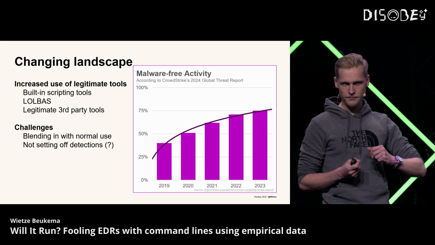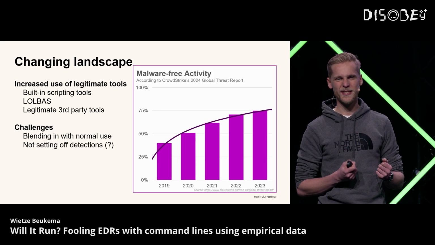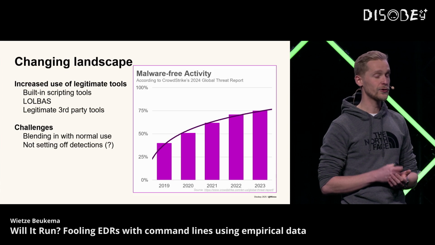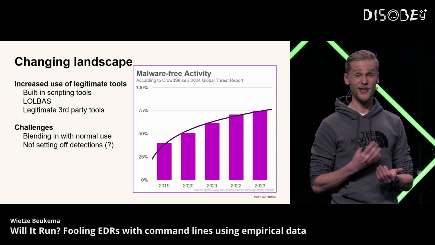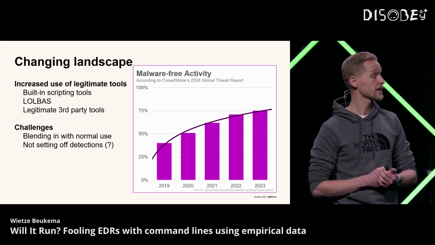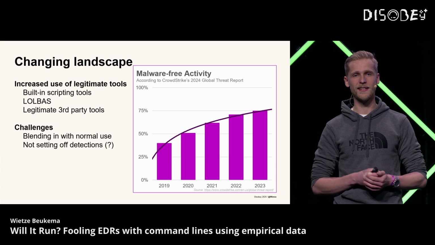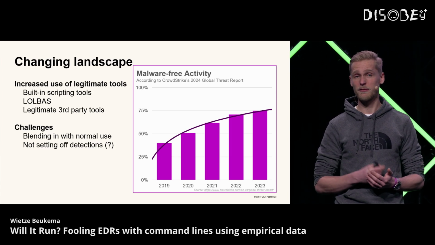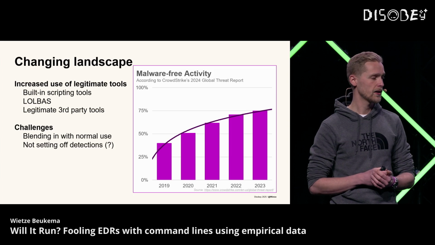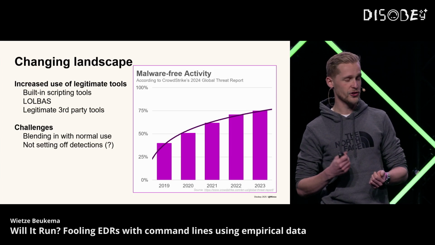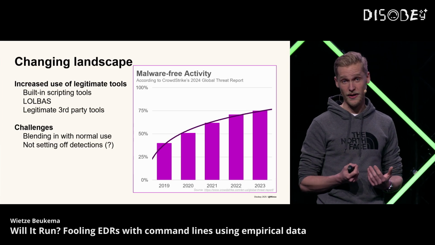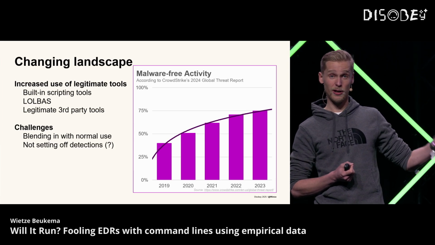What they mean by that is intrusions where there is no traditional malware binary involved has risen to 3 in 4. So that means that threat actors increasingly use things that are native to a system, such as scripting tools. Think PowerShell, VB-script, on Apple and Linux, maybe Bash, but also LOLBAS, living off the land binaries and scripts. That's what I'll be talking about a lot today.